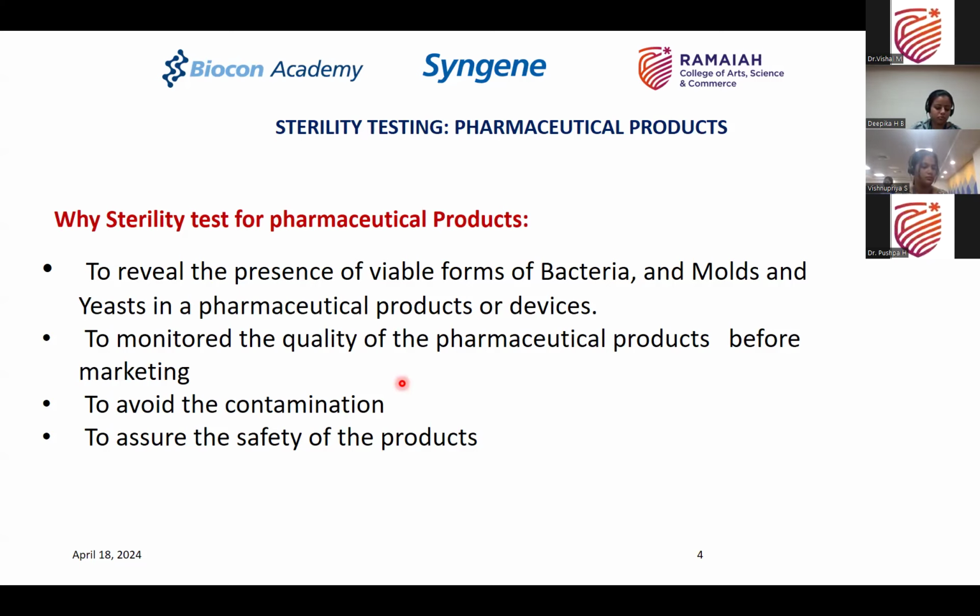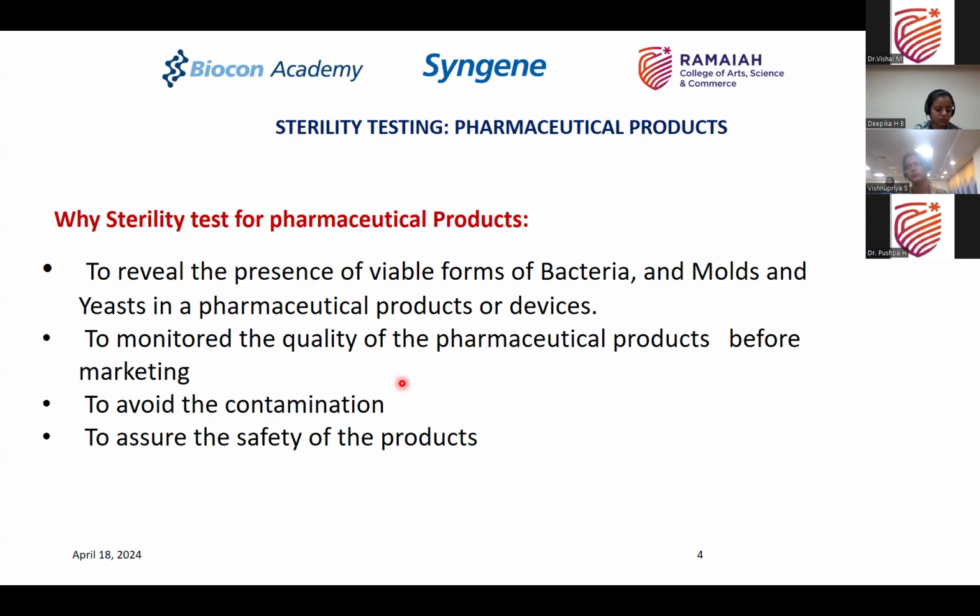Let us come back to our topic. Here, our aim is to see the presence of viable forms of bacteria, whether the sample has bacteria, mold, or yeast in pharmaceutical products or devices, to monitor the quality of the pharmaceutical product before marketing.